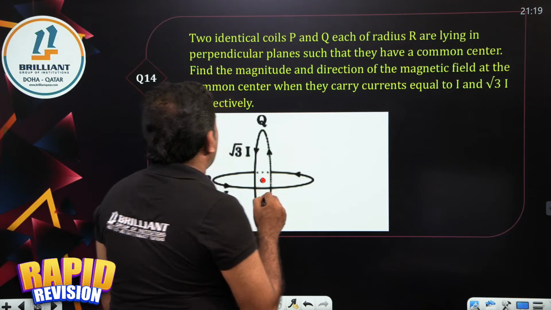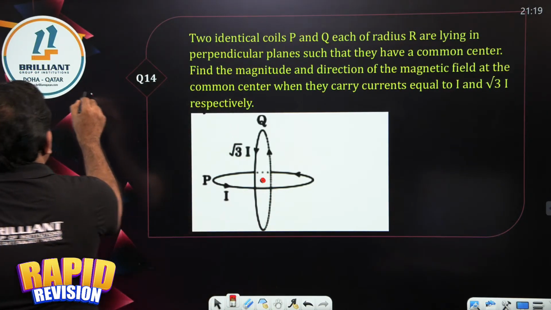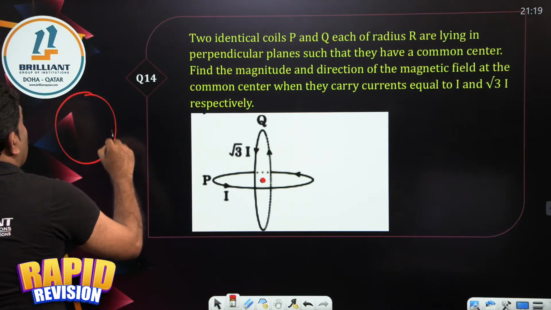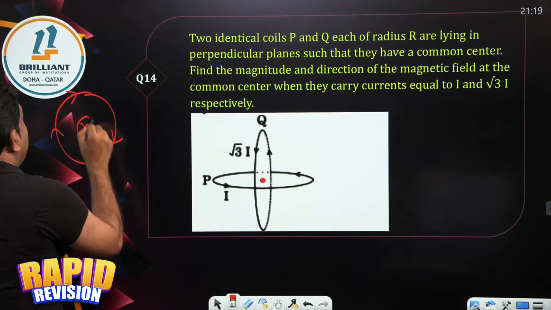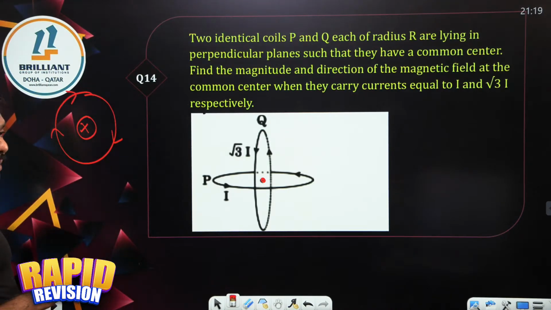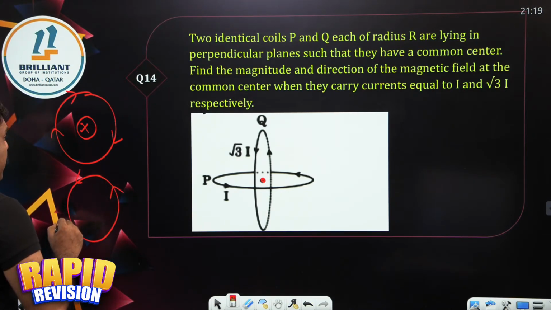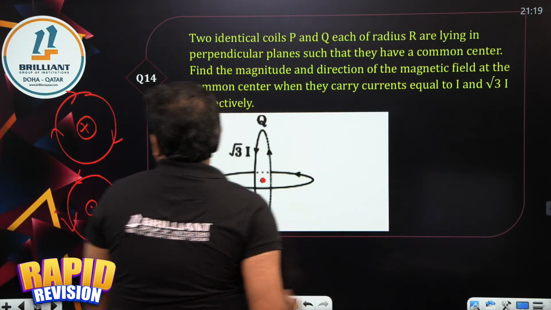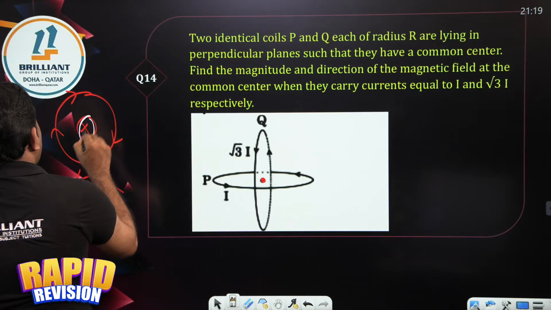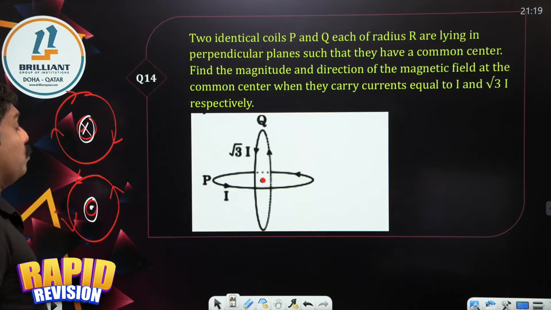What is the idea to calculate the field direction? We studied when current flows in clockwise direction, the magnetic field will be directed inward. When current flows in anti-clockwise direction, the magnetic field will be directed outward. So clockwise field will be inward, anti-clockwise field will be outward.